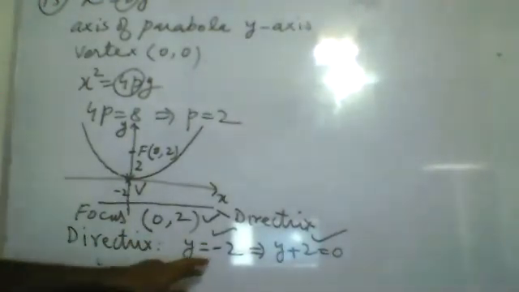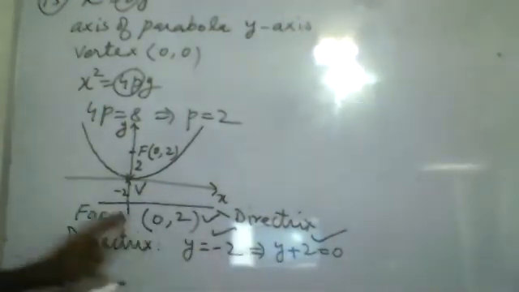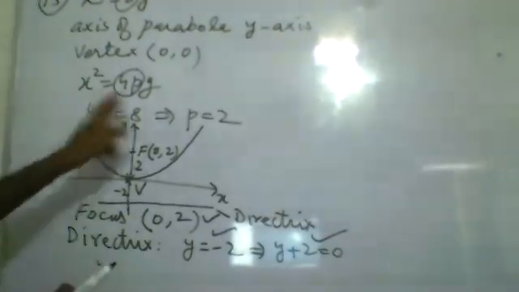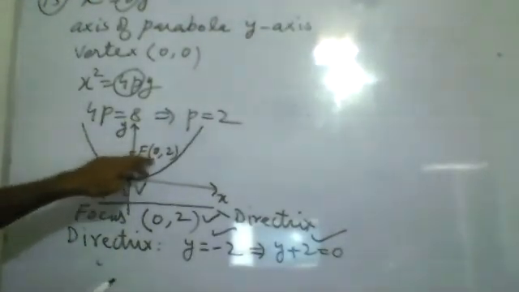The directrix is y is equal to minus 2 or y plus 2 equal to 0. This is the equation of the directrix, and the focus is 0, 2. If p is positive, the focus will be on that side of the vertex.